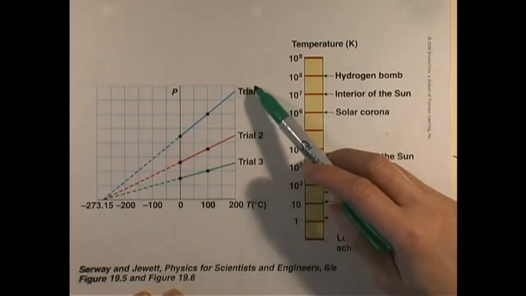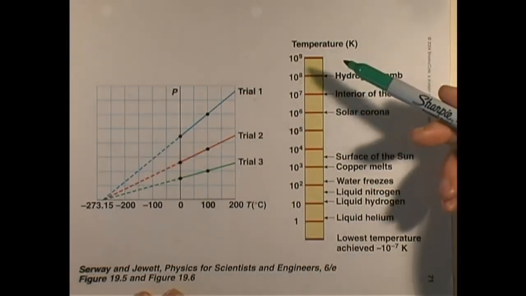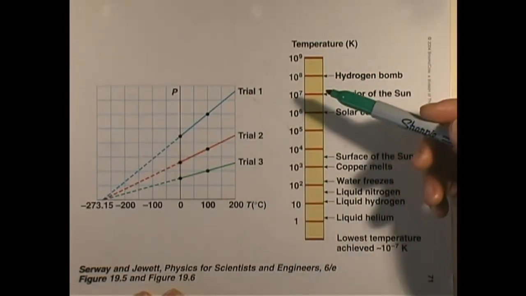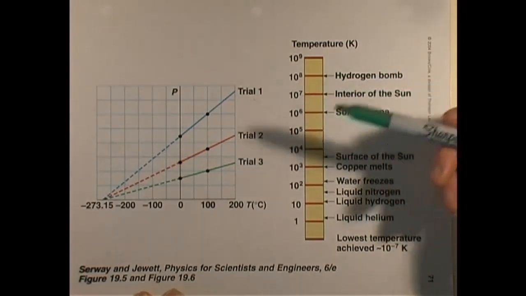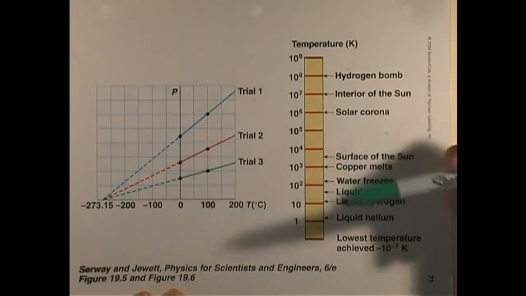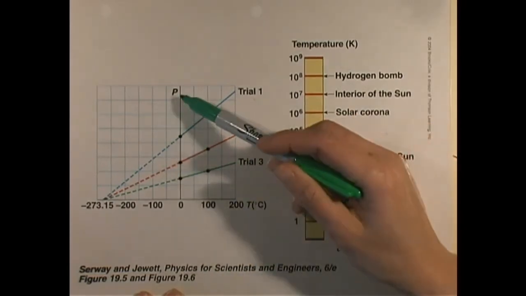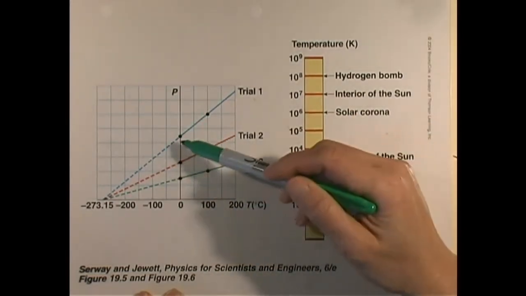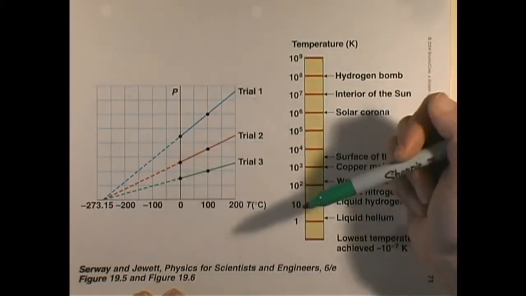So in trial 1 we use gas number 1, in trial 2 we use another kind of gas, number 2, and trial 3 another. So we conduct a similar experiment to get the pressure versus temperature curve. It comes out a straight line.